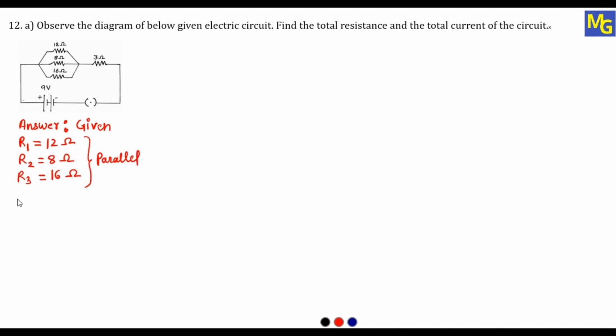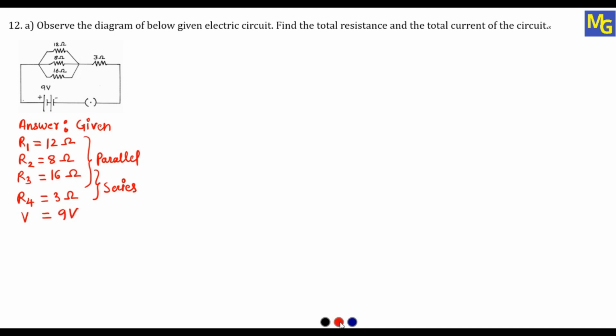One more resistor we have, that I'll write as R4, which is 3 ohm, and these have a series combination, so I'll write series here just for our information. Now leaving this, we have a voltage, that is capital V equals 9 volt. So these are all the values we have.